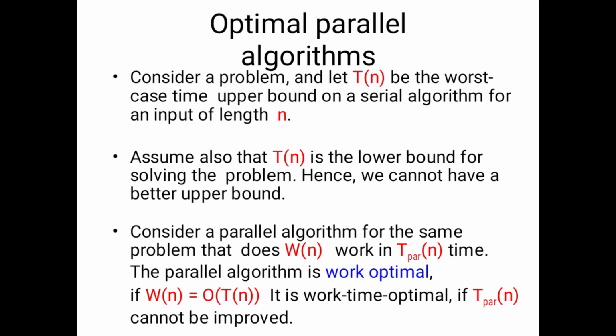Hence, we cannot have a better upper bound. Consider a parallel algorithm for the same problem that does W of n work in T of n time. The parallel algorithm is work optimal if W of n is equal to order of T of n. It is work time optimal if T of n cannot be improved.